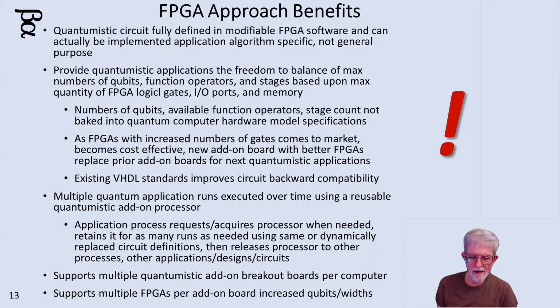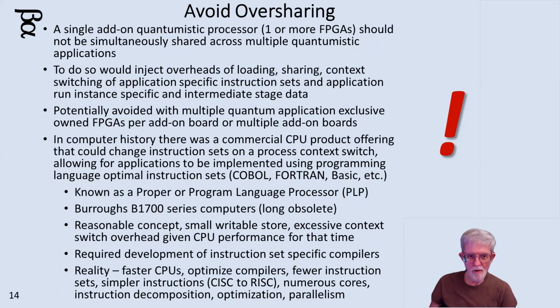If I wanted to, I could probably run multiple quantum algorithm applications on this add-on processor and switch between them, but then that gets to be slow, so it's better just to have multiple add-on boards and deal with it that way. Or, as I said, avoid oversharing. So if I have one of these add-on boards, would I want to share it with other applications at the same time?